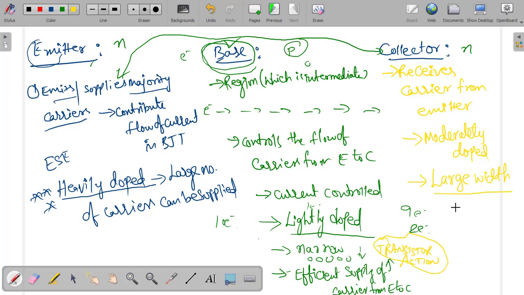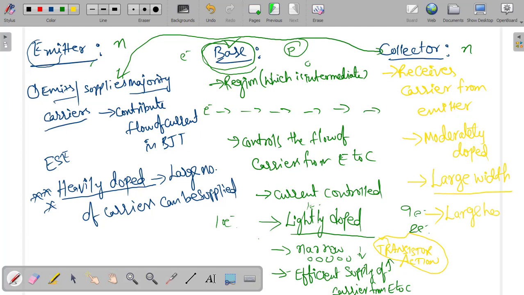large. So a large amount of heat will be developed at the collector junction. As this is at the output, the heat will be transferred. Whenever there is a large number of carriers and a large width, then large heat will be developed.